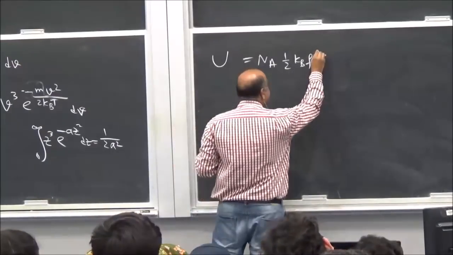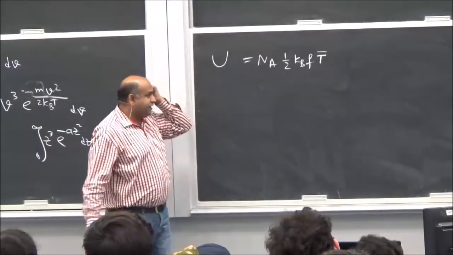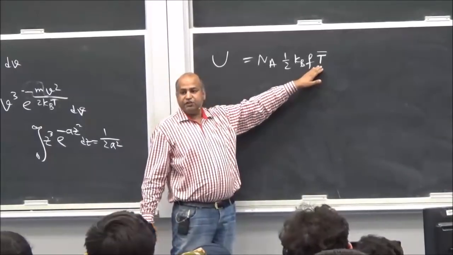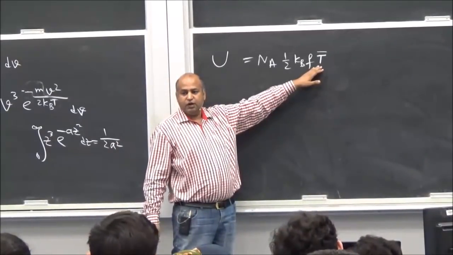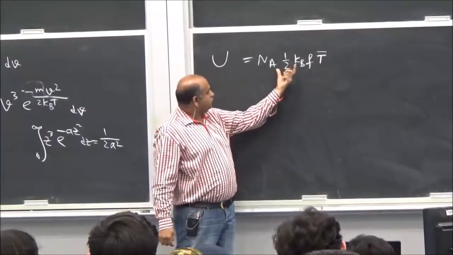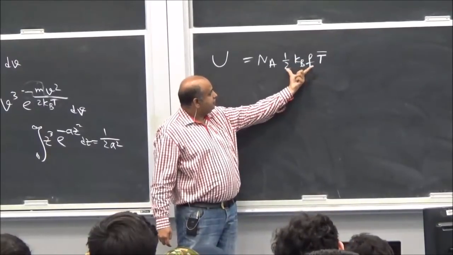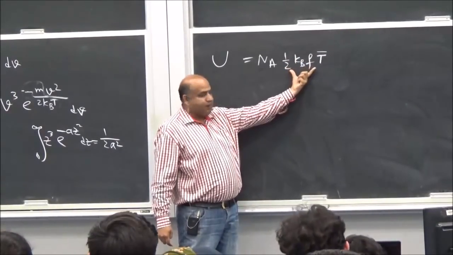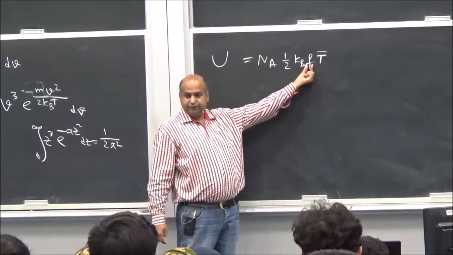And it's better to put a bar over it, because this is a kind of average temperature that we are talking about of this material. So this is the average energy of a particle with f degrees of freedom.